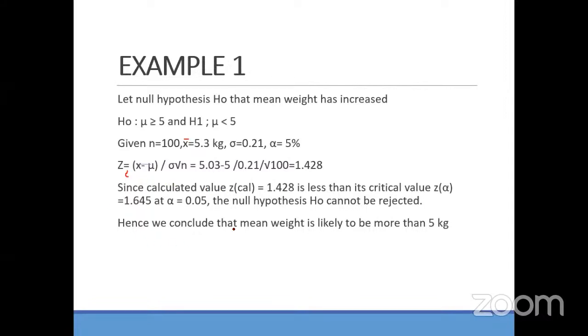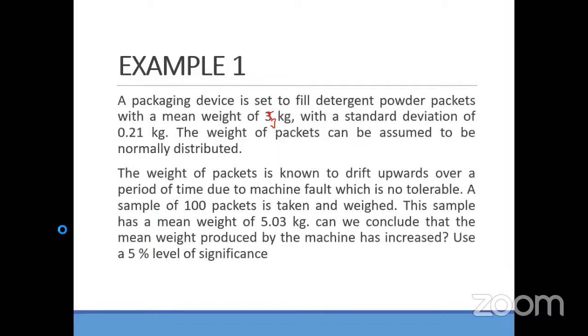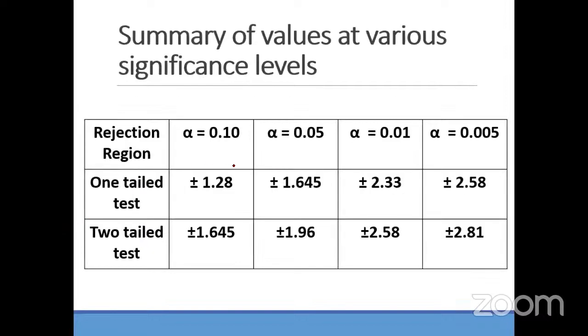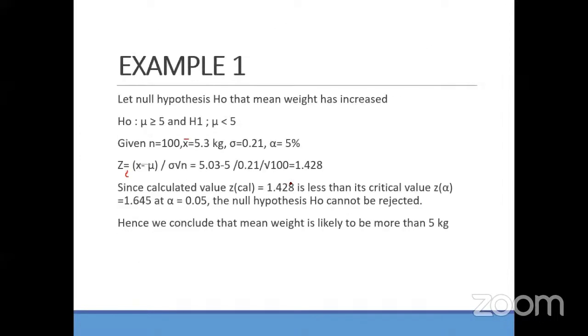Now we have to find the tabulated value. So we know that we have to find the value of Z at 5%. At the 5% level, if you recall from the last one, remember that at alpha equal to 5%, the one-tail test value was how much? 1.645, right? So we have to compare this value with 1.645.